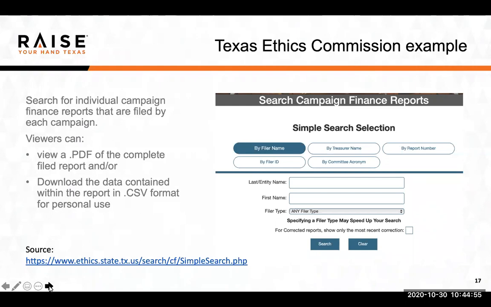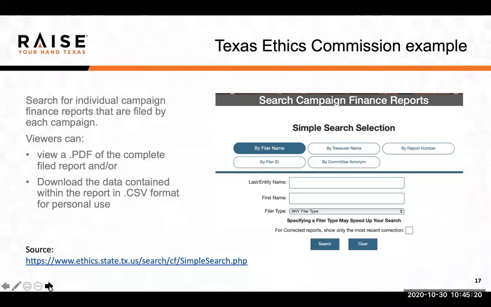You may put in Bender and Missy and find that I filed that way, but if you don't see a report come up with that name, you would know she probably filed under a different given name, Melissa. So you'd put in Bender, Melissa, and see if that worked.